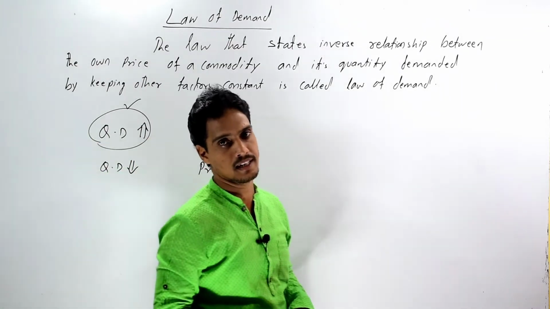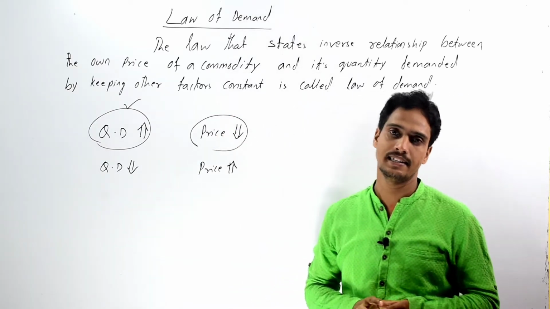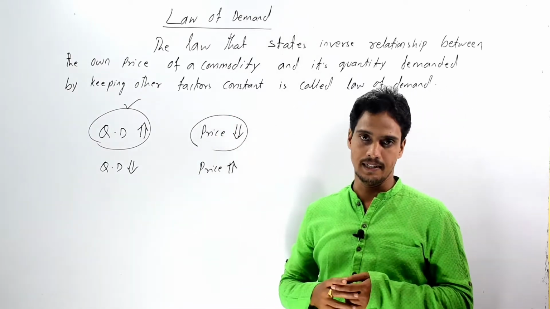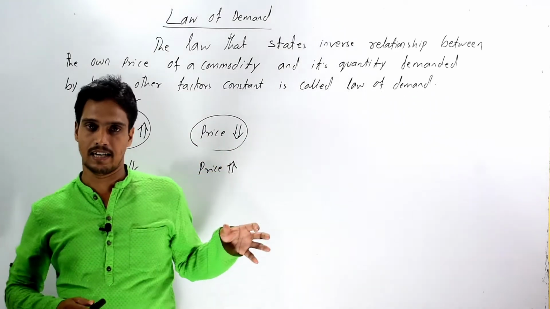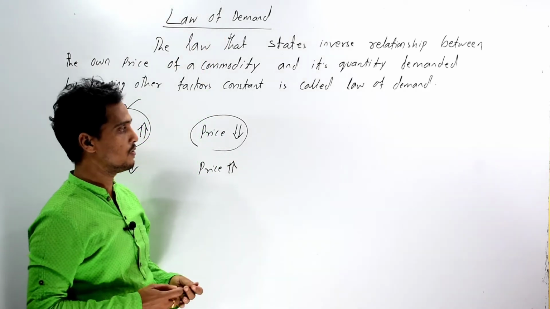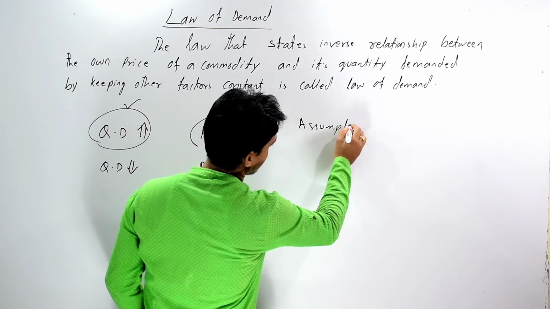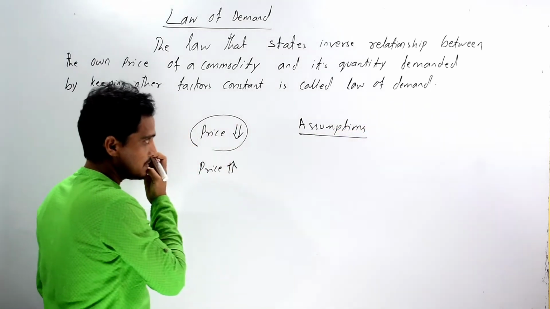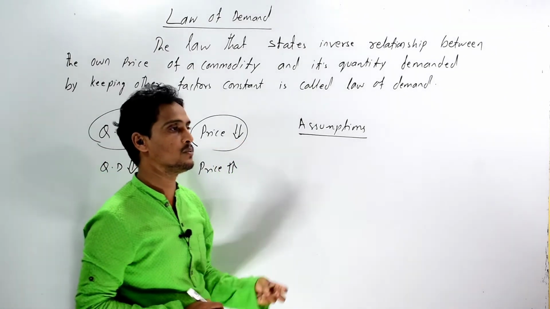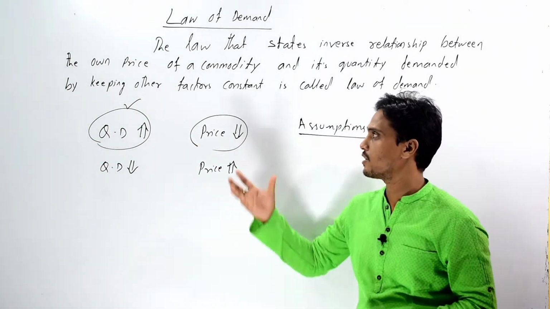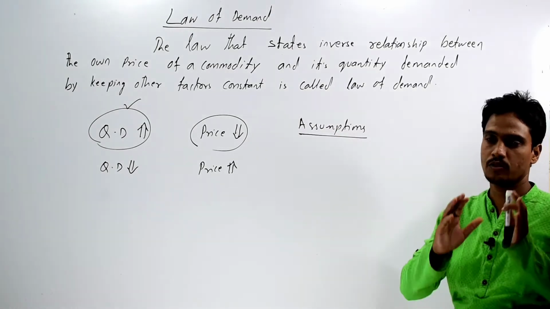So an inverse relationship exists between price and quantity demanded of a commodity where all other factors remain constant. That means the law is based upon certain assumptions. The law only operates in a particular situation, or the law should work when all these conditions are satisfied.